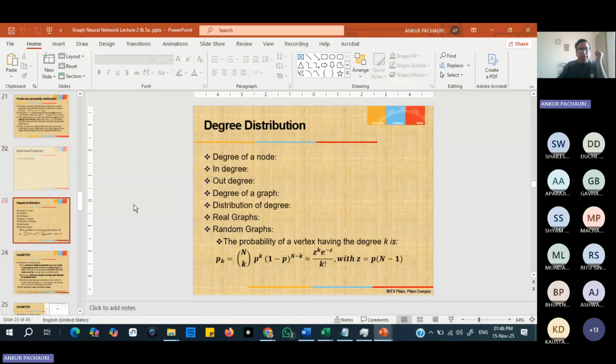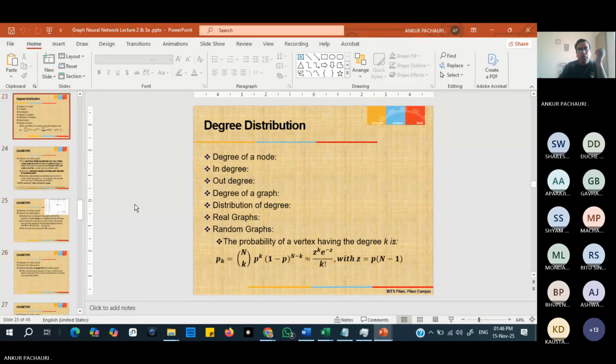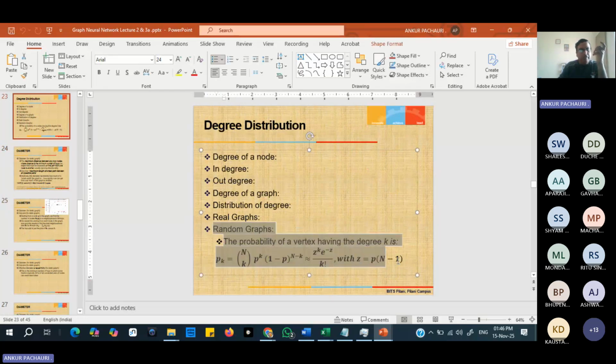Towards some more topics. Those random graphs we will discuss again in full depth. I think we will devote around half an hour to random graphs when we talk about generative models. As of now, I've just included it.